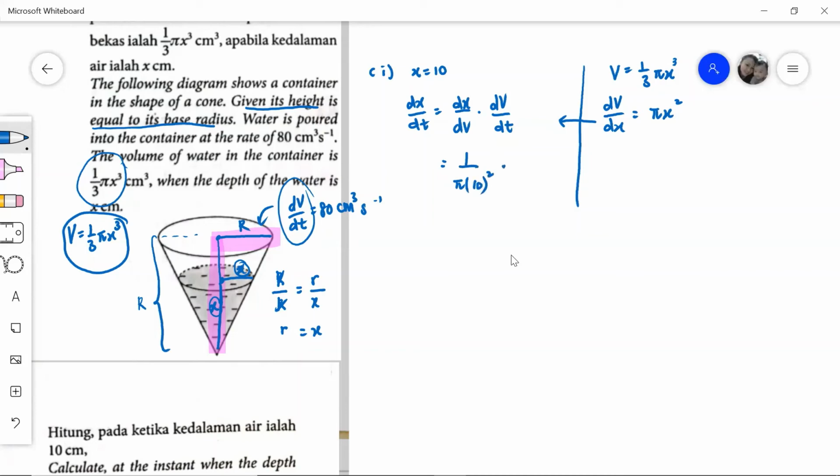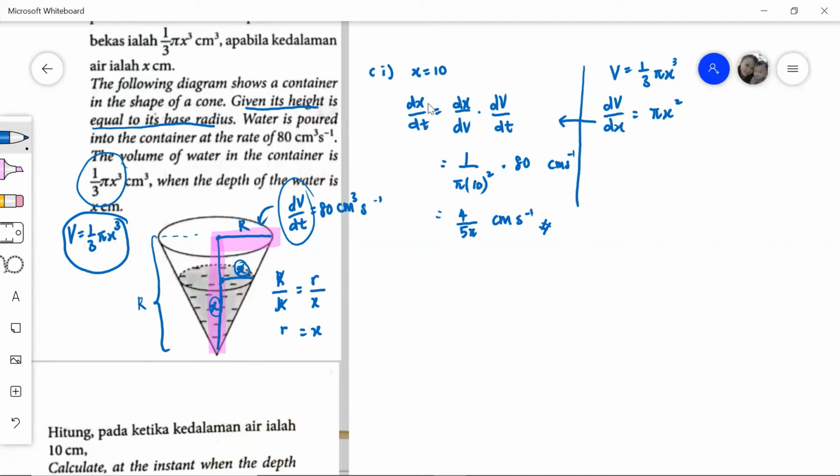And then dV by dt is 80. So this is the rate of change in terms of depth, so it's cm per second. Okay, so we simplify 80 over 100. So we have 4/5 pi at the bottom, cm per second. So this is the rate of change in depth.